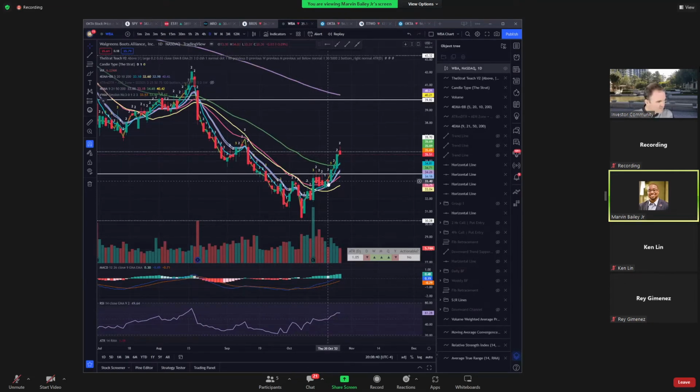So I bought, I think, last Thursday or Monday, can't remember, or Friday, and just kind of held it because once it gets near here, and it did, and it pushed through, of course, it had a little bit of a pullback. I can't remember why I marked that, but I don't see it having an issue getting back up near $40. So that's why I was looking at these as possible swings.